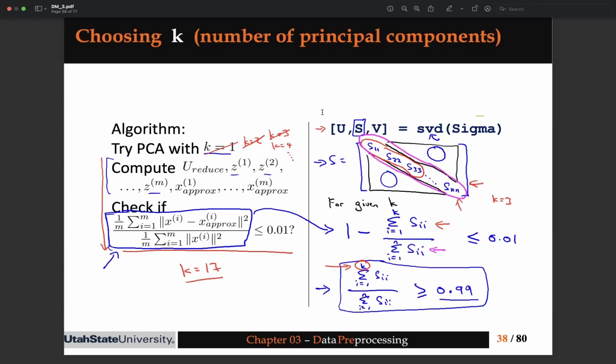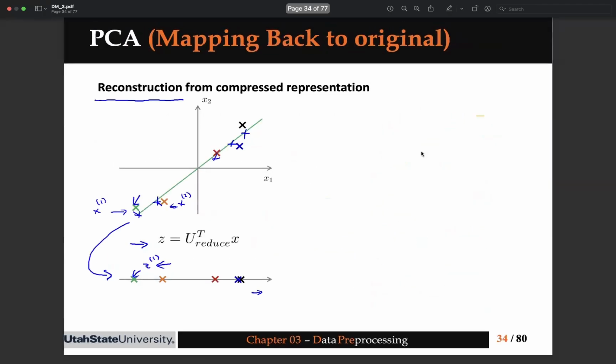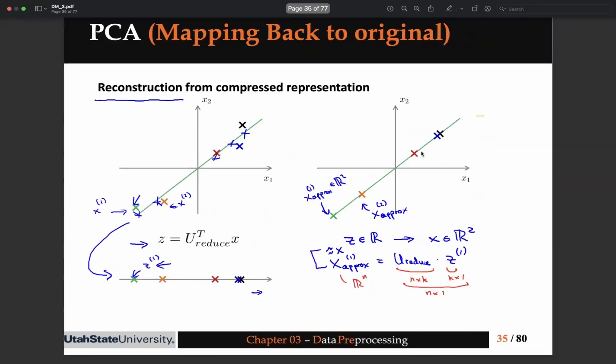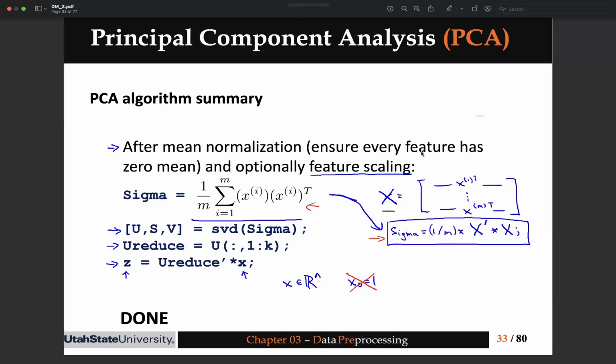Okay, that's great. So now, just to recap, in this summary slide, now that we understood how to compute my PCA, by first normalizing the data, then finding my sigma matrix and decomposing it, taking the U and the S's.